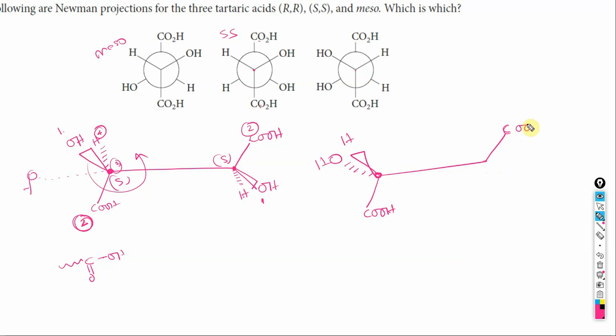Carbon in the back has carboxylic acid there, a hydrogen here, and an OH there. Priority 1, 2 and 3 counterclockwise, but hydrogen not in the back. If you do the reorientation, you will see that this is going to be an R. So counterclockwise, hydrogen facing towards you, so that's an R. Same thing here, that is 1, that is 2, that is 3, counterclockwise but hydrogen, the fourth priority, projected towards you. That's going to be an R center as well.